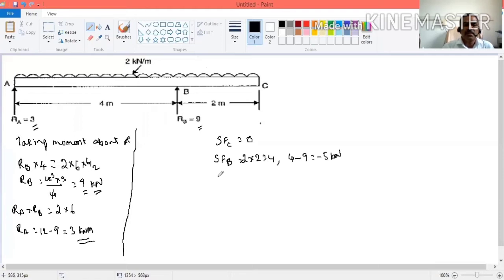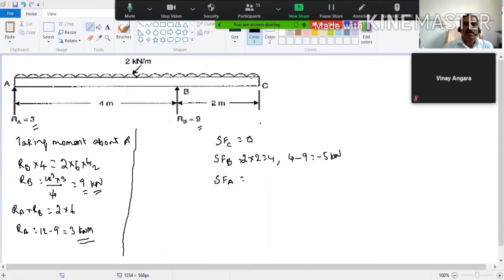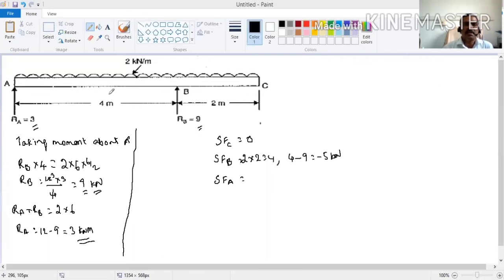What is the shear force at point A? Here also, on the right side we have two forces. One is the reaction at B, and the other is this uniformly distributed load.